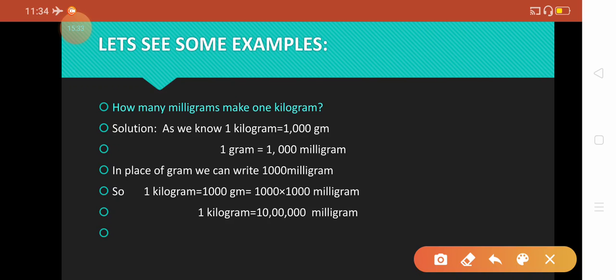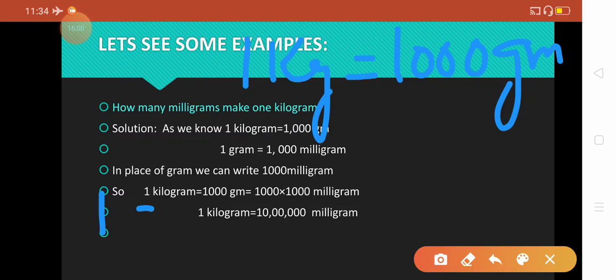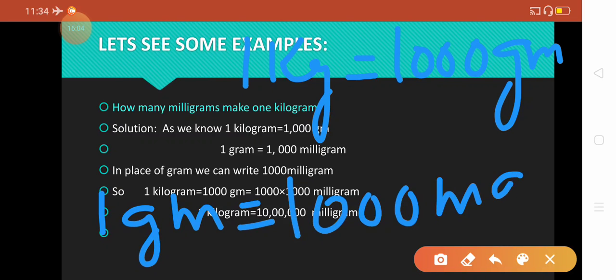The first one is, how many milligrams make 1 kilogram? So let us see. We have studied 1 kilogram is equal to 1000 gram, and 1 gram is equal to 1000 milligram.